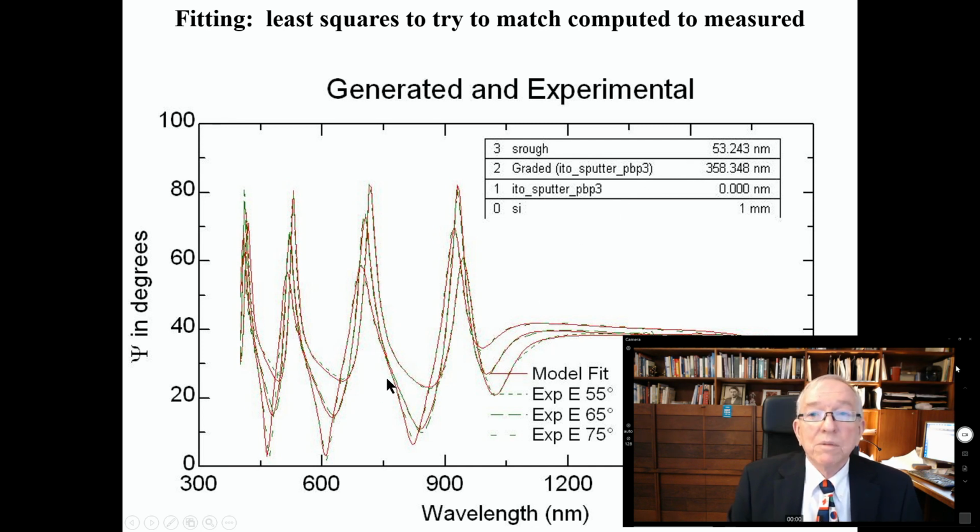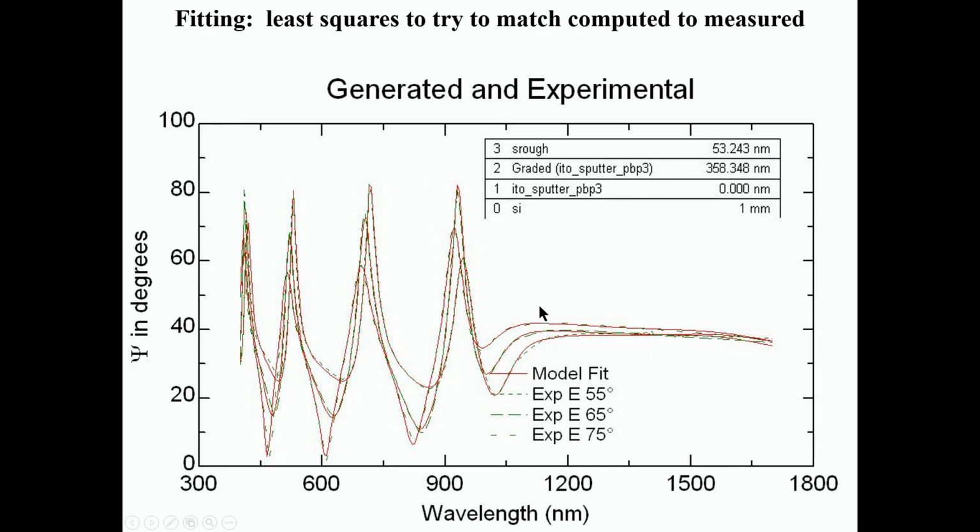And if you look down below for the 3 different angles of incidence, you can see a remarkably good outcome, which is that the green dotted lines, which are the 3 experimental data sets, are matched quite nicely by the 3 red lines, which are the model fits.